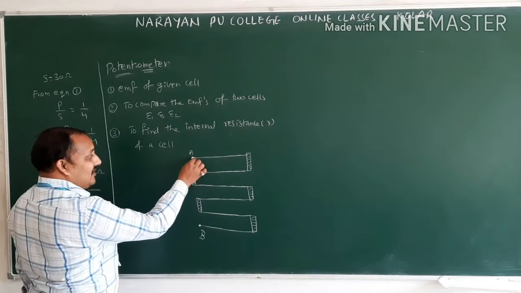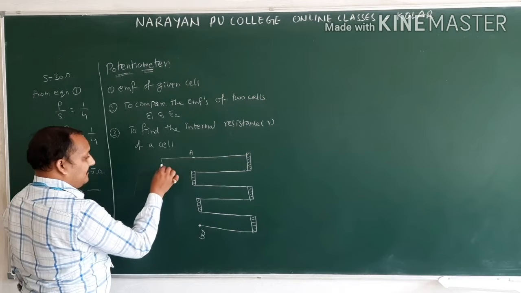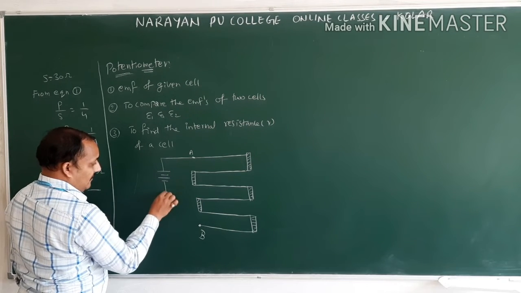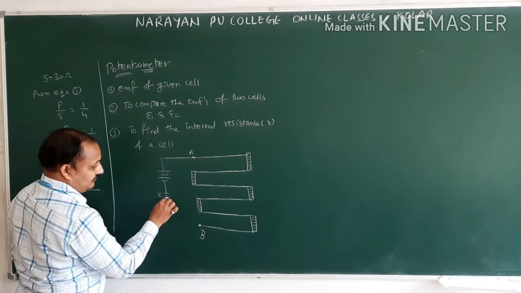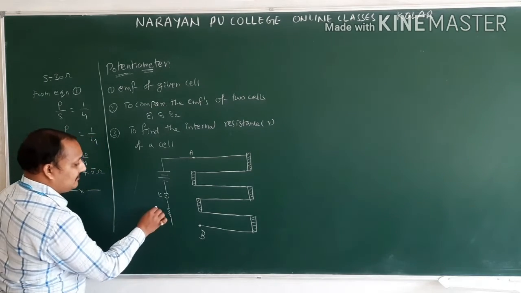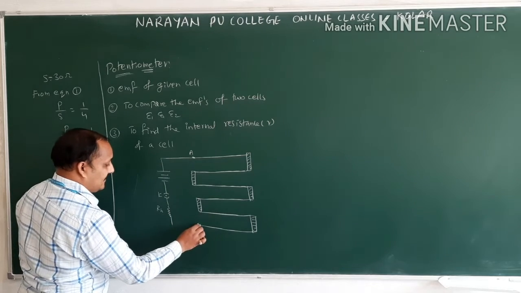To provide the current, we are going to connect a battery, provided by a key with some rheostat. Rheostat means variable resistance.